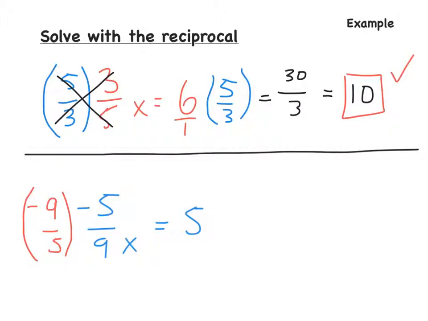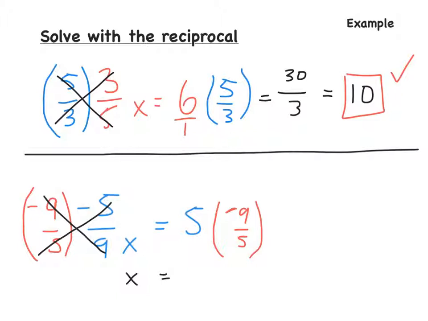So if you multiply by negative 9/5 on the left, you must multiply by negative 9/5 on the right. So on the left, negative 9/5 times negative 5/9, those are equal to 1, so these cancel out. All you're left with is the x.